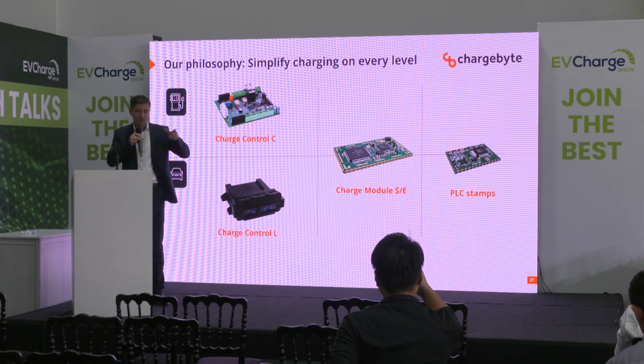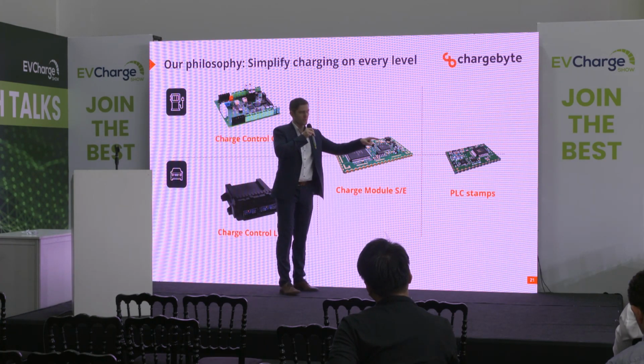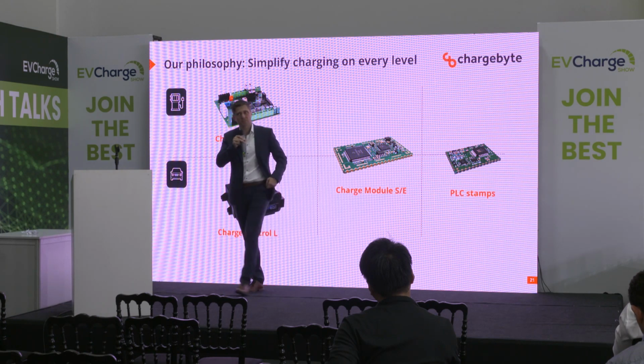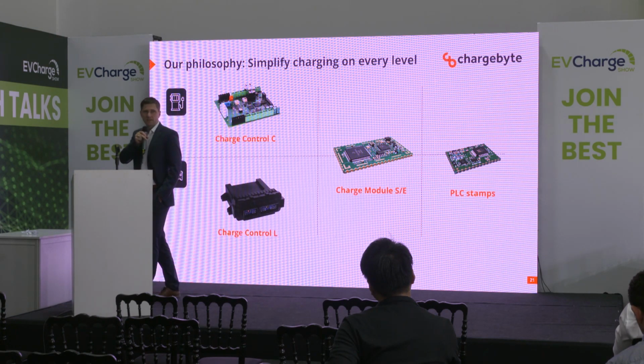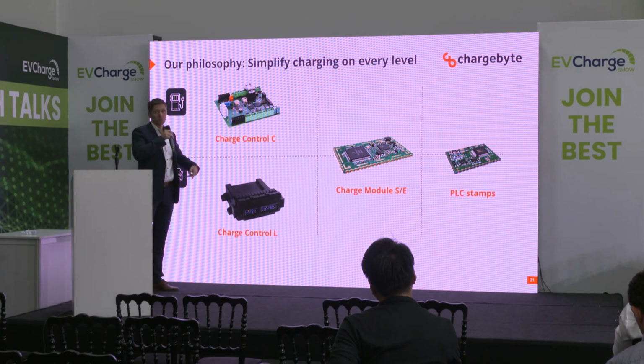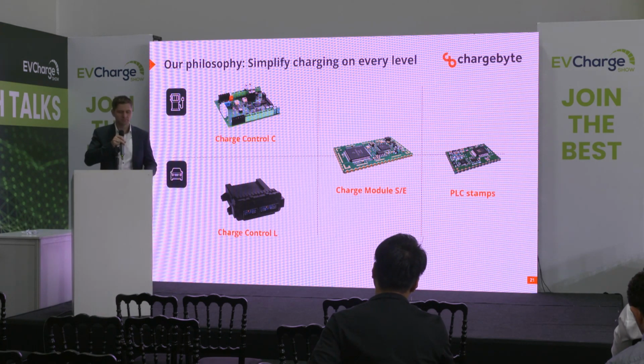If you're struggling with all the V2G communication, then you can just purchase a bit bigger chip, a module with a controller, and just interface it via CAN and handle the ISO 15118 and DIN 70121. And again, if you directly want to integrate a complete controller, then you can also do that. So we try here to be actually on every level.